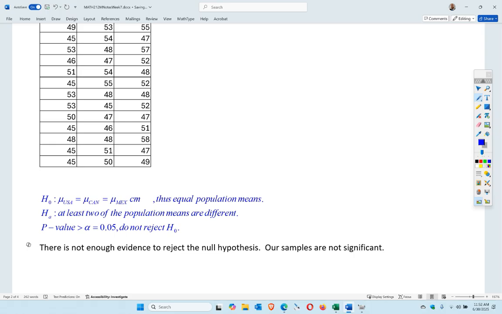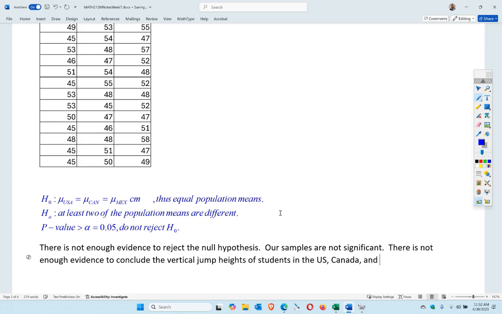So there is not enough evidence to conclude the vertical jump heights of students in the US, Canada, and Mexico are different. So we have to assume otherwise that they're the same. Okay, so that's the end of part 1.